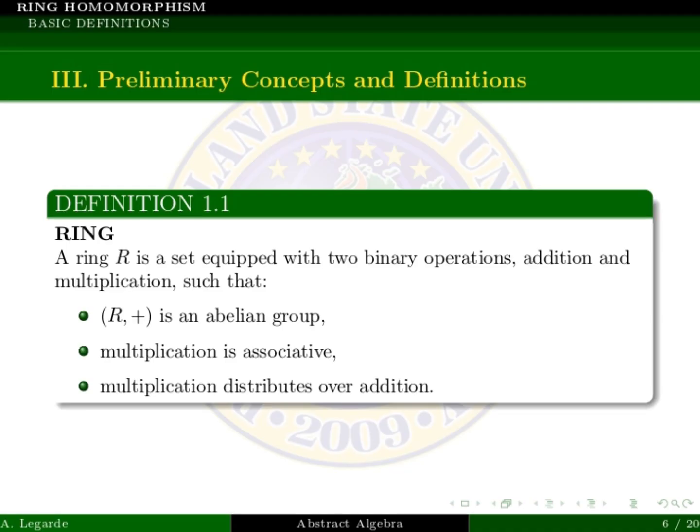This means addition is associative and commutative. There is an additive identity, and every element has an additive inverse. Second, multiplication is associative. Third, multiplication distributes over addition from both the left and the right.